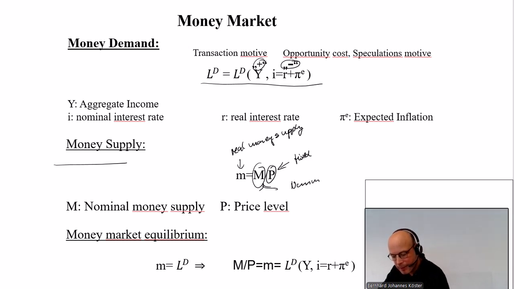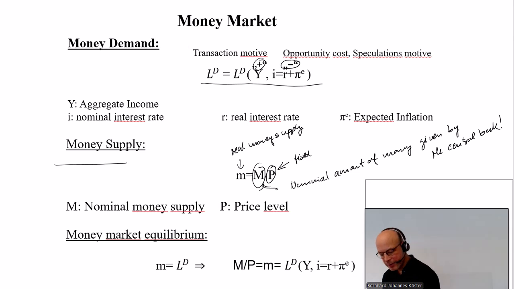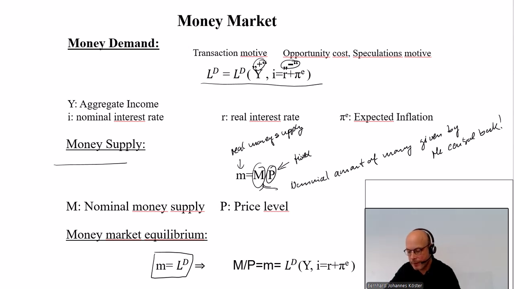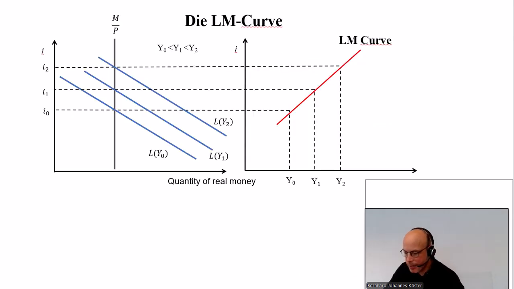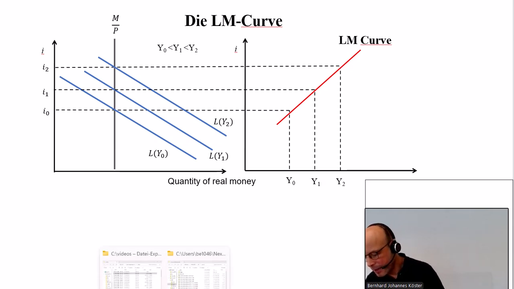Nominal money given by the central bank. And then the equilibrium condition is just small m, real money, equals money demand. And here I had the graphical derivation, but I will also provide the analytical in a minute.